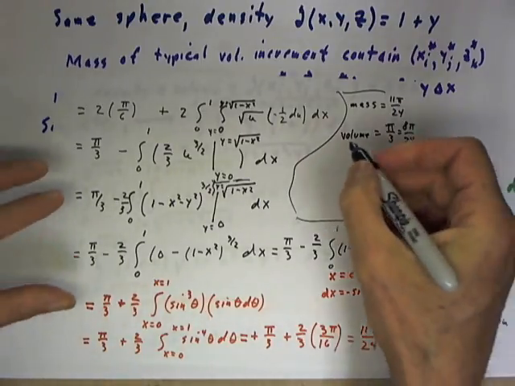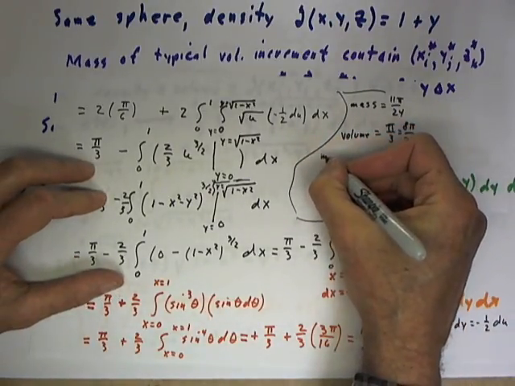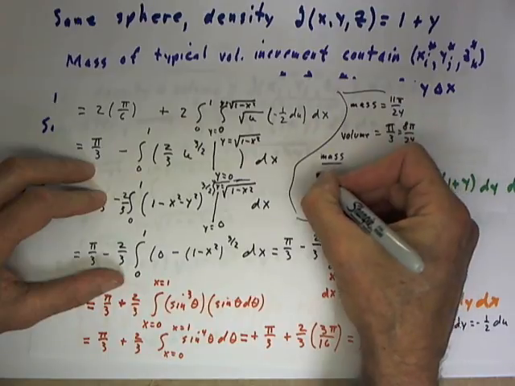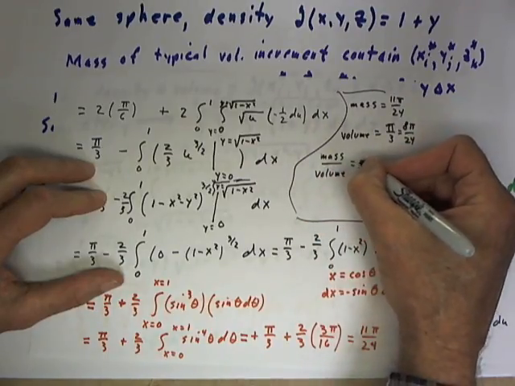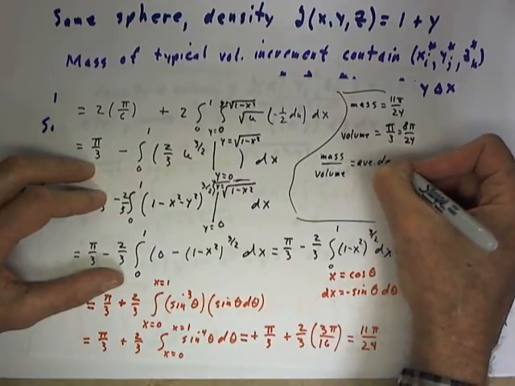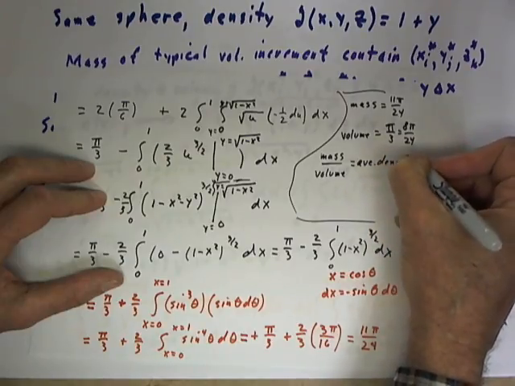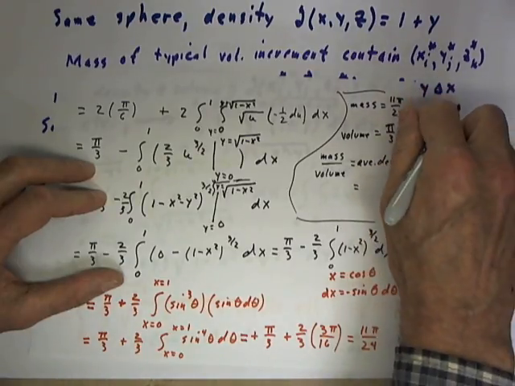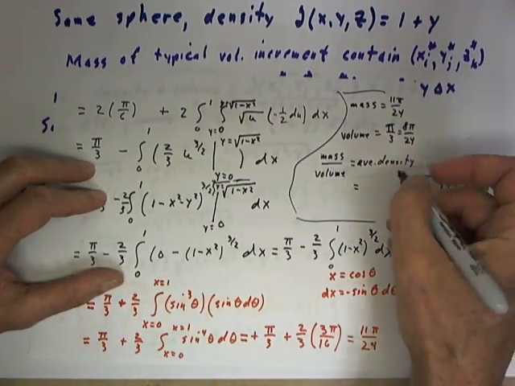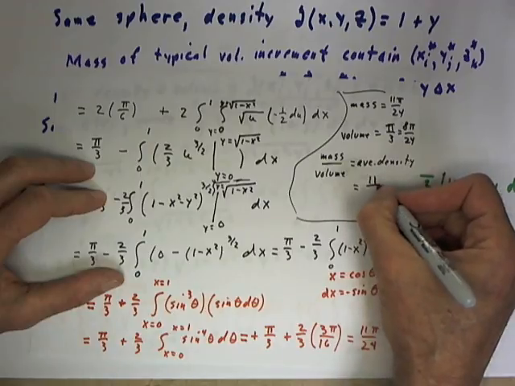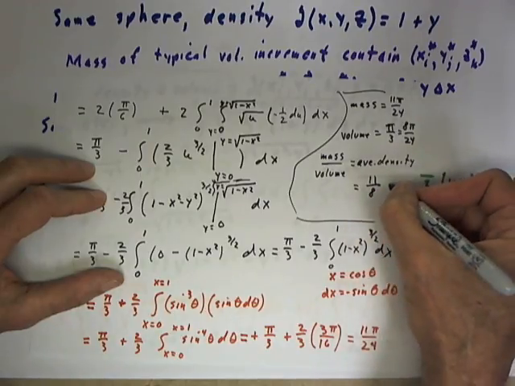So mass over volume, which equals the average density, is 11 pi over 24 divided by 8 pi over 24, and that just comes out 11/8.